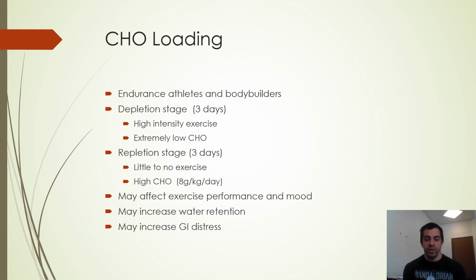If I'm 5, 6, 7 pounds heavier because I'm holding both extra glycogen and extra water, that might be counterproductive. As a bodybuilder, if I'm holding more water, I might have a more bloated look, which may affect my performance on stage. And then lastly is GI distress. Having such a high amount of carbohydrates may lead to a GI distress issue.